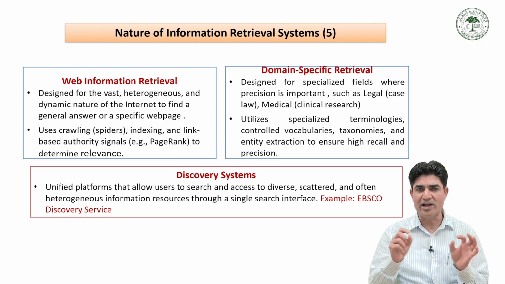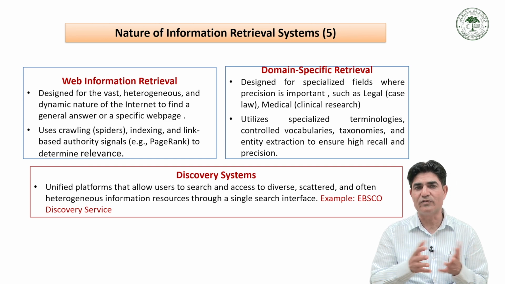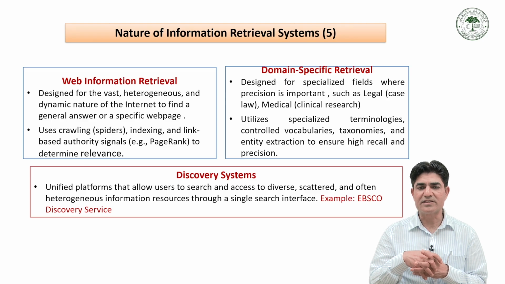The user can put a query into that interface and will be able to identify and locate sources from multiple sources of information. So this is the concept of the discovery-based information retrieval system.